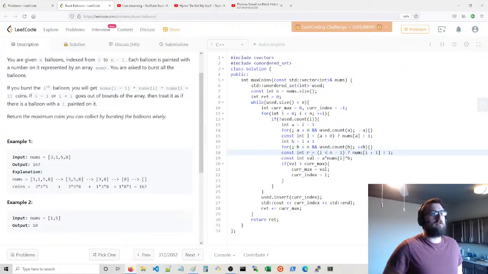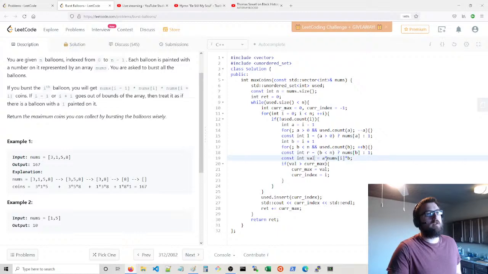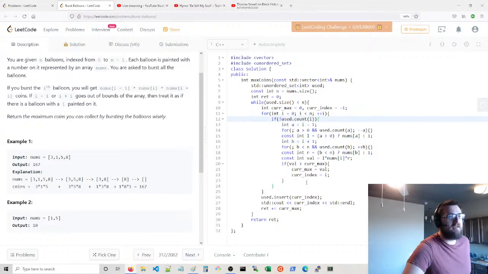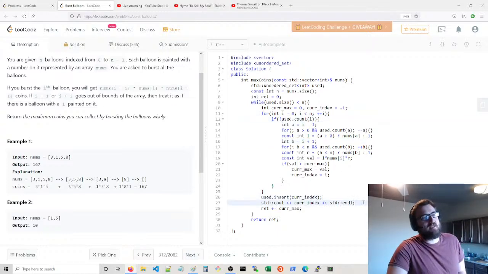If b is less than n, take nums of b, otherwise take 1. And the value is going to be L times R times the num. There we go. Something like this is more of what we're after. Don't know if this is correct though. I don't think this is going to be correct still.